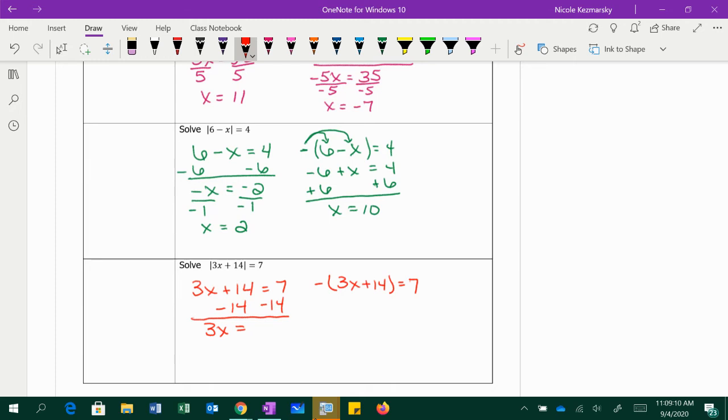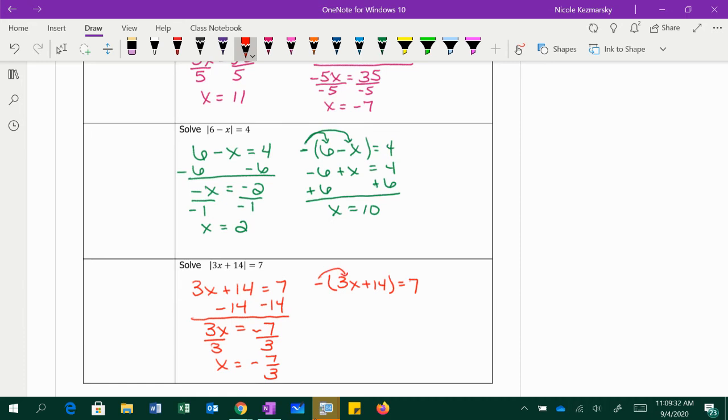So that's 14, 13, 4, oh yeah, it's 7, isn't it? It's negative 7. Divide by 3. It's an ugly fraction, but that's okay. Sometimes that happens. And I'm going to say negative 7/3.